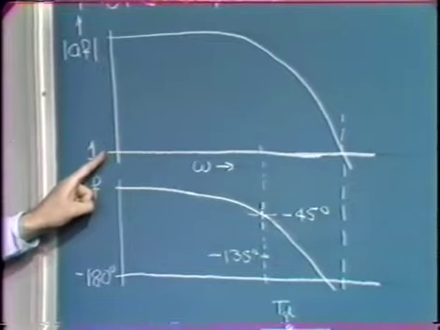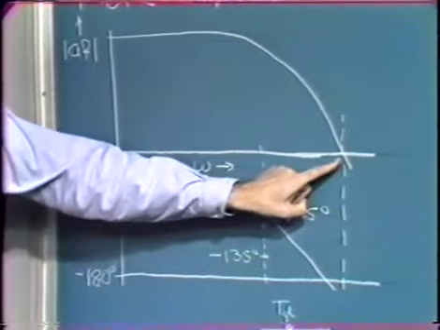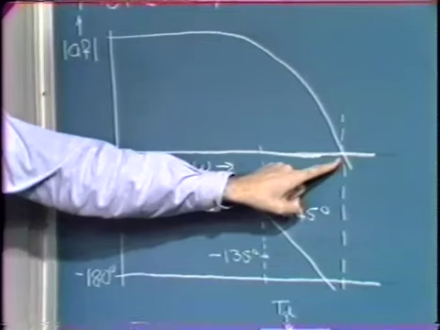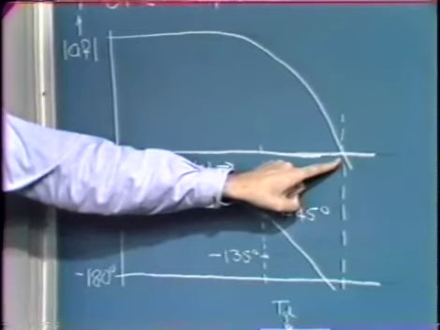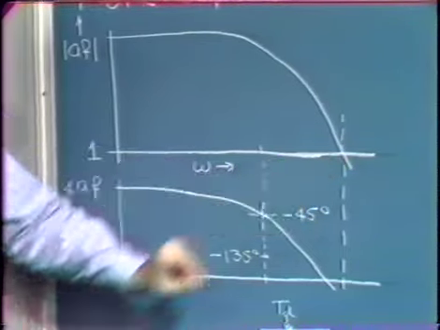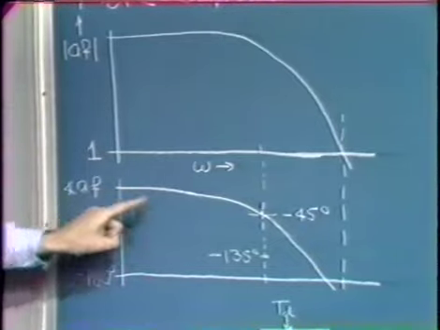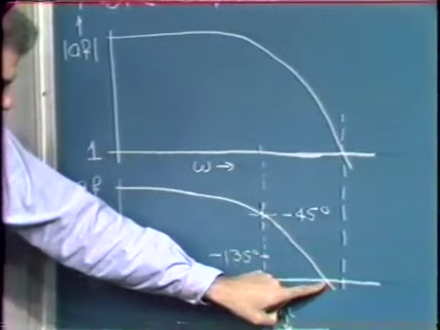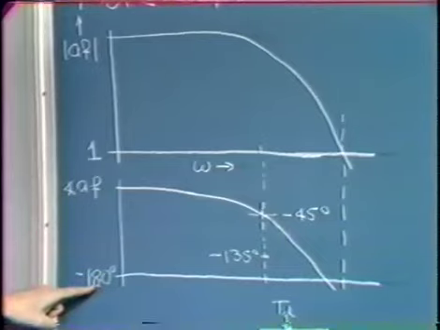This is the unity magnitude point, so this would be the crossover frequency for the system, the frequency at which the magnitude of the AF product goes through unity. And we notice that by that frequency, the angle associated with the AF product has gone through minus 180 degrees. Consequently, this is a system that's unstable, as shown.